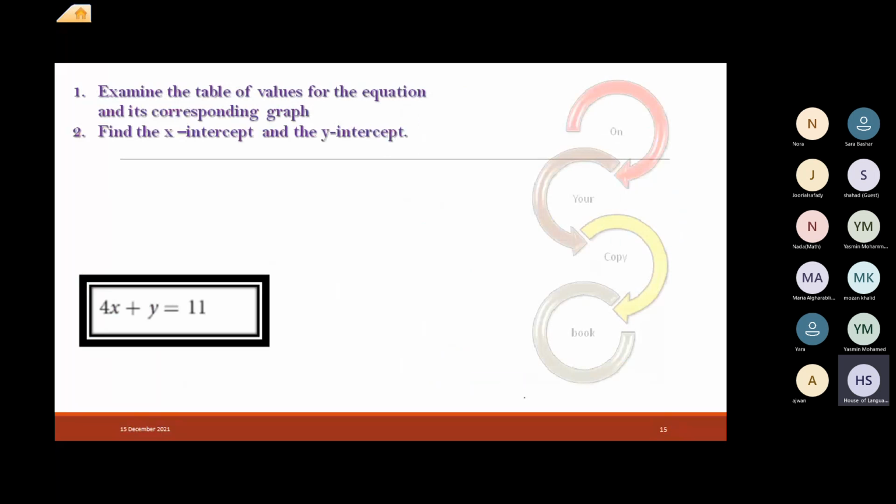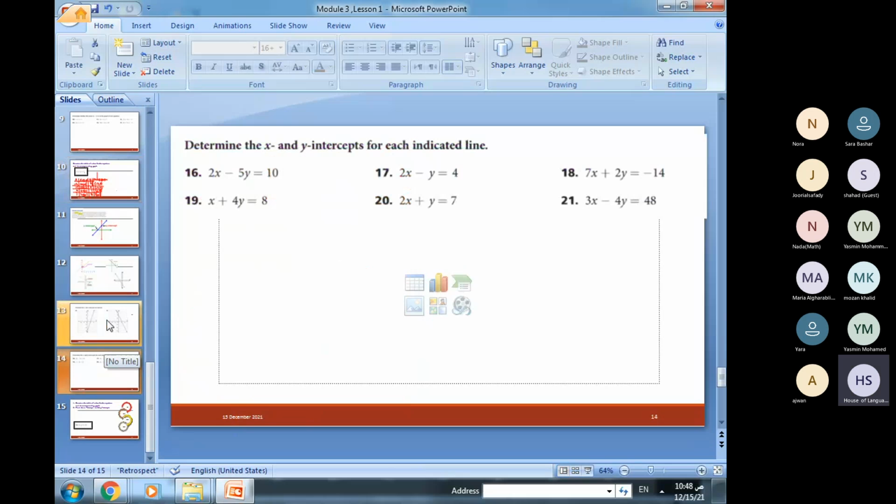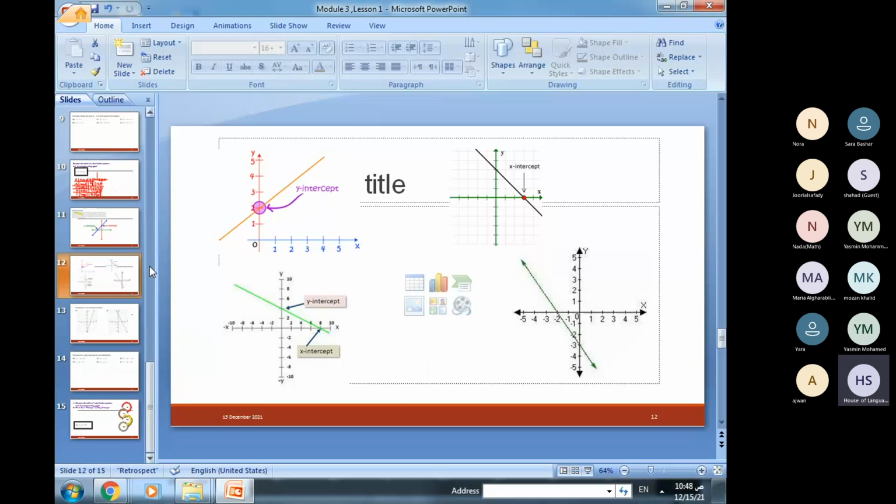Just a minute. Where's the plus sign? The XY coordinate plane, or XY plane.